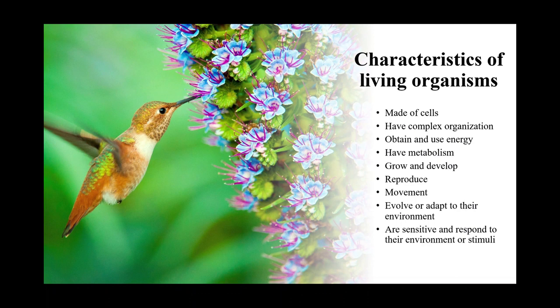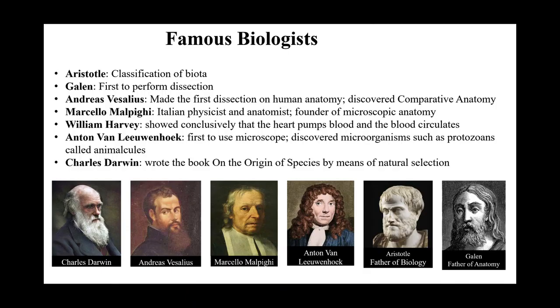They'll be able to reproduce and show movement, the exception being plants, because plants do not move, but they are still living organisms. They can evolve or adapt to their environment, and they are sensitive and respond to the environment or stimuli. So this is something you can change according to what you are perceiving. That makes you a living organism.